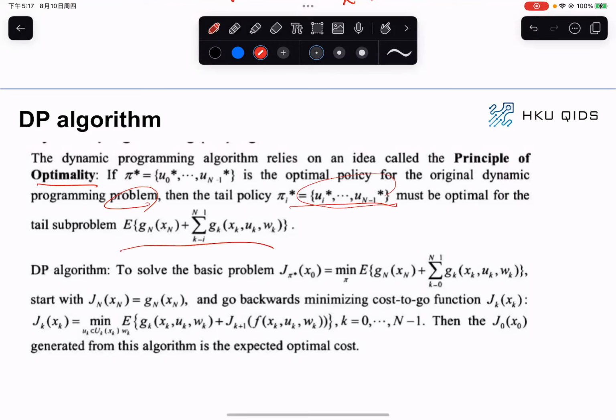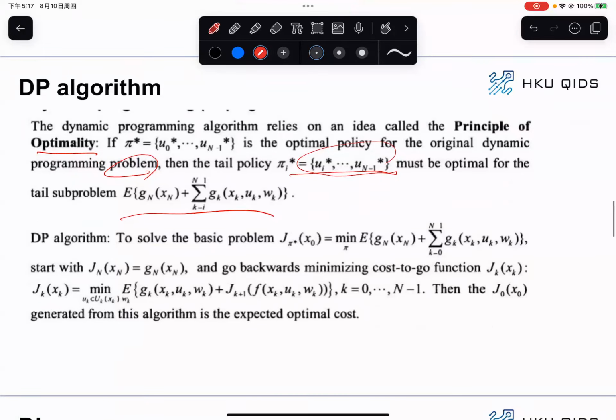For example, if from state 0 to n we already have the best policy, then this policy should also be the best if we only start from, let's say, state n/2 and go all the way to n. If we only take half of this process, it's still the best, because it is the overall best, not a local maximum or minimum.